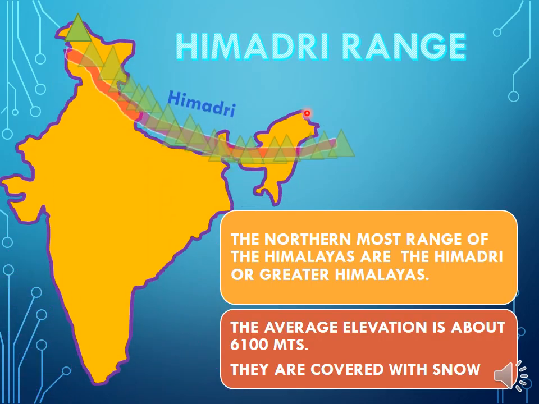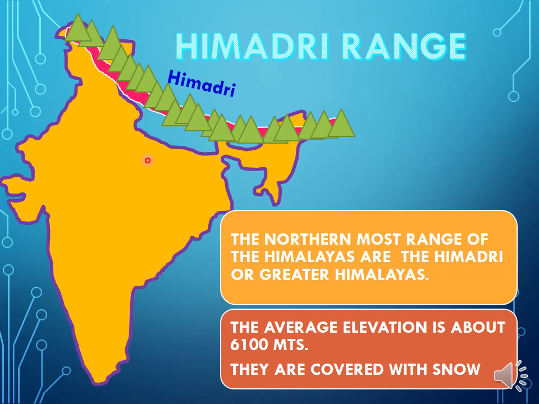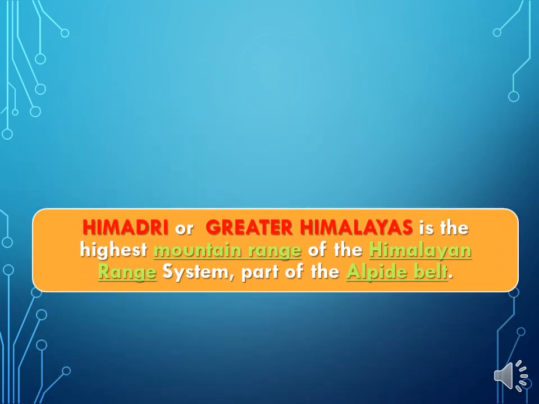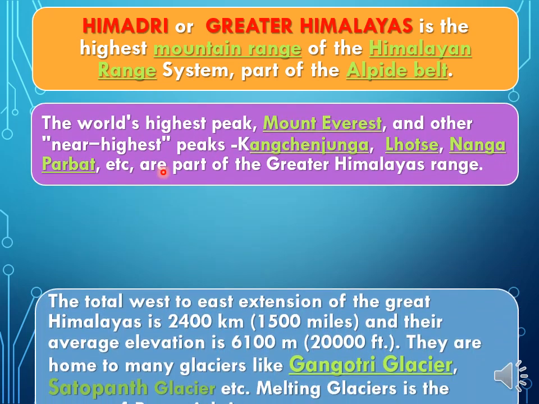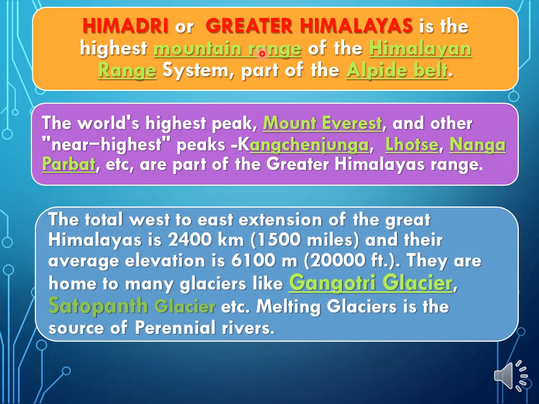The northernmost range in the Himalayas is known as the Himadri range, also known as the Greater Himalayas. The average elevation is about 6,100 meters, and they are covered with snow. Himadri, or the Greater Himalayas, is the highest mountain range of the Himalayan system.